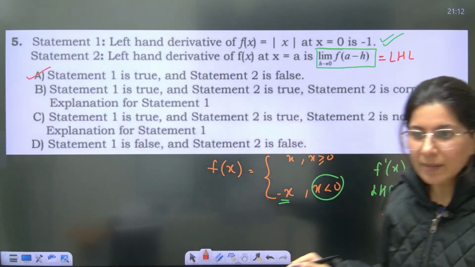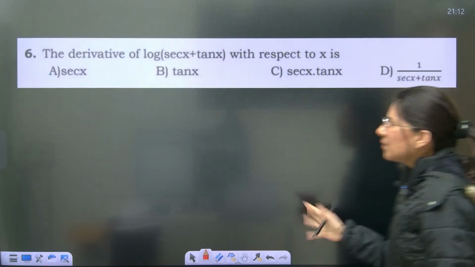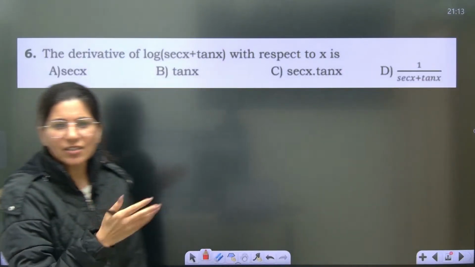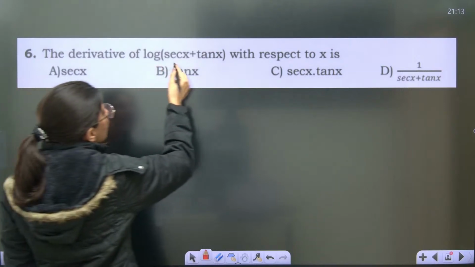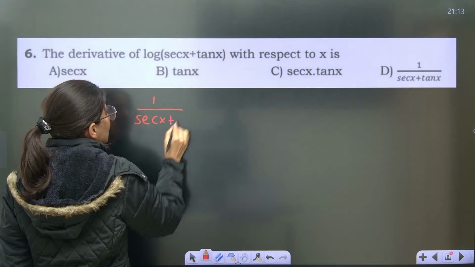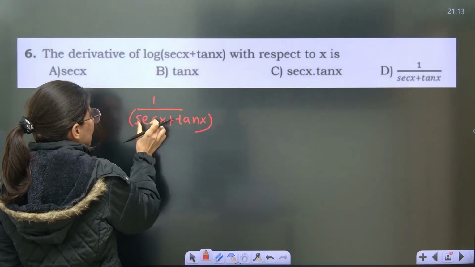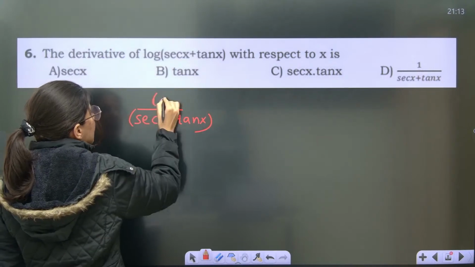Yes, Prajwal. All chapters' important questions will do. Now next question, easy peasy lemon squeezy, right? Quickly just differentiate it. So log of sec x plus tan x, if you differentiate, you are going to get 1 upon sec x plus tan x. Now if you differentiate this denominator, derivative of sec x is what? Sec x tan x.